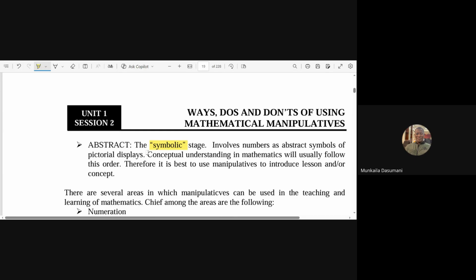So here you can also say conceptual understanding in mathematics will usually follow this order. You should have your concrete, you have representation, and then you have your abstract nature. So therefore, to use manipulatives to introduce a lesson helps you pass through all these stages. That is the concrete, representation, abstract.